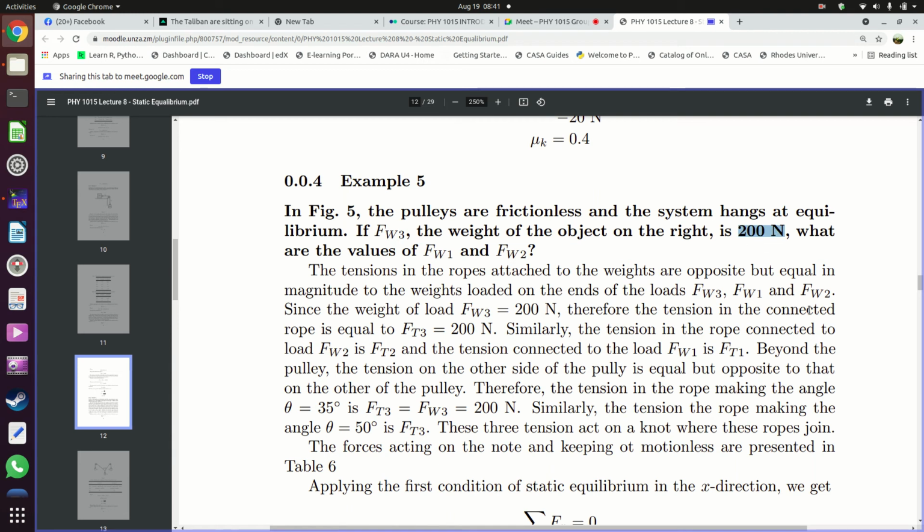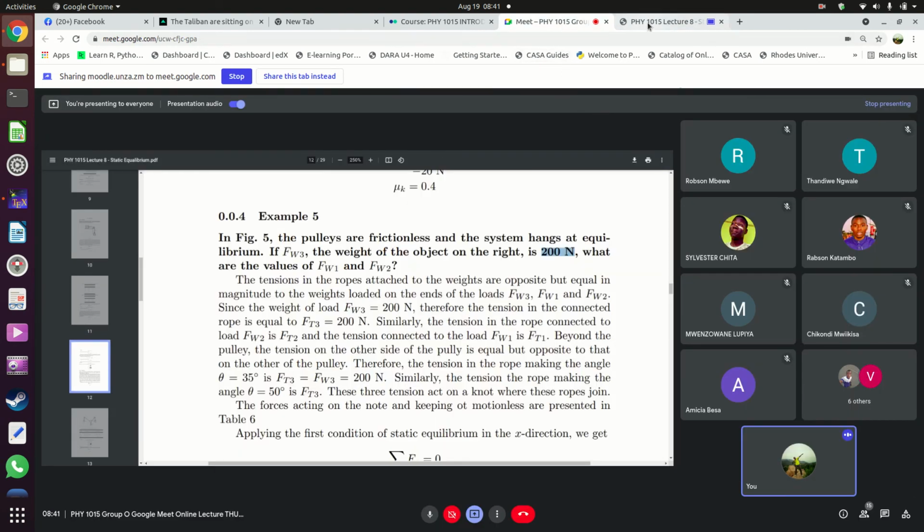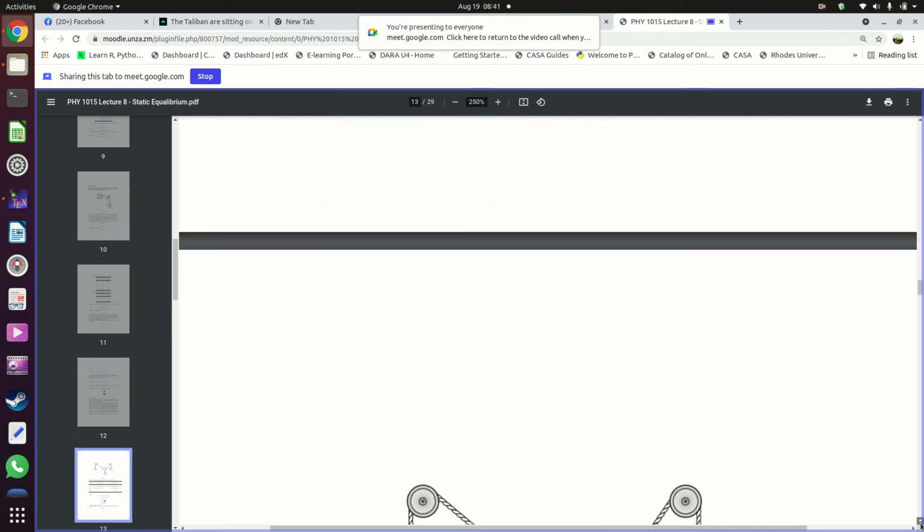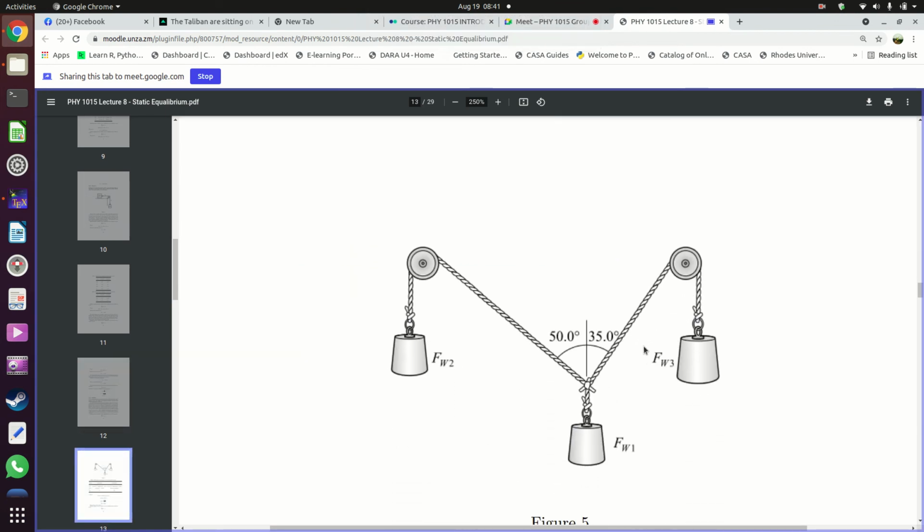The weight on the right is this one. If the weight of this object is 200 newtons, then the tension pulling the object up is also 200 newtons. So the tension in this part of the rope is 200 newtons, and the tension here also is 200 newtons.